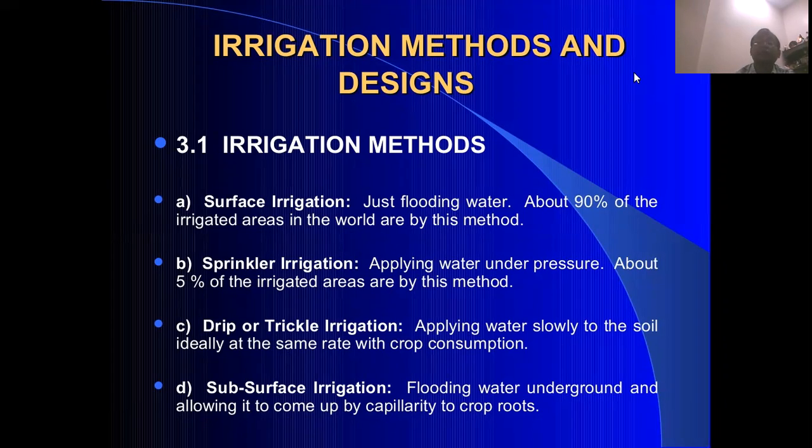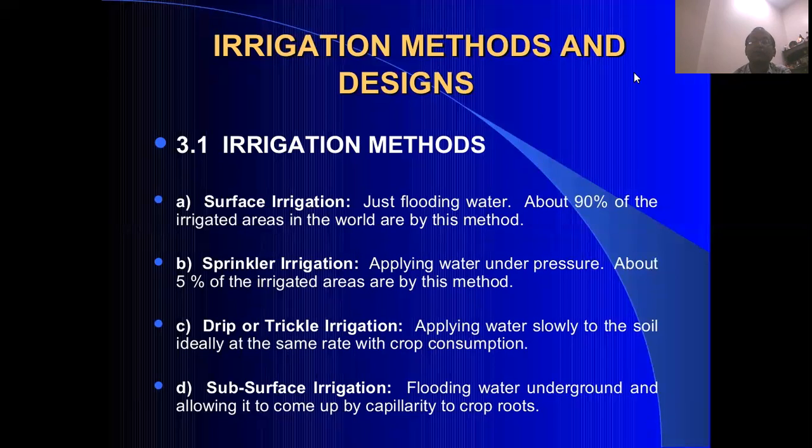How does a plant get water? There are several methods which may provide water to plants, like the natural method. In the natural method, the irrigation water is provided to plants by rainfall.